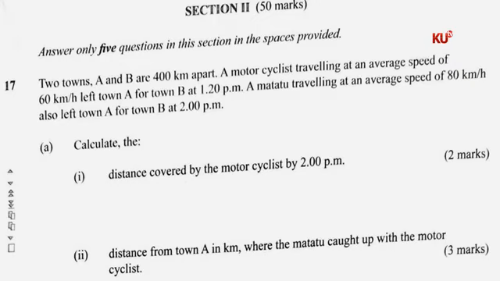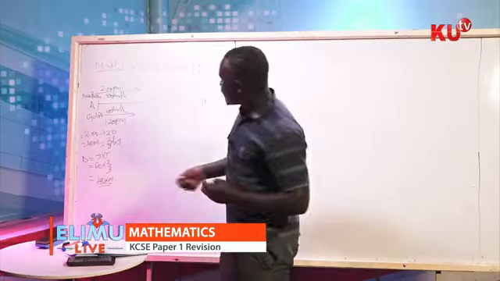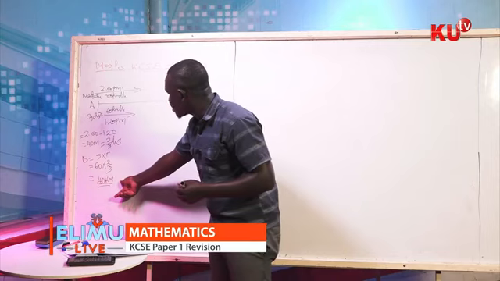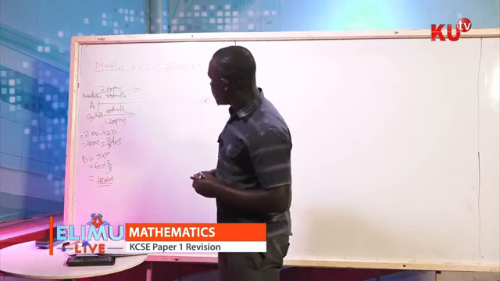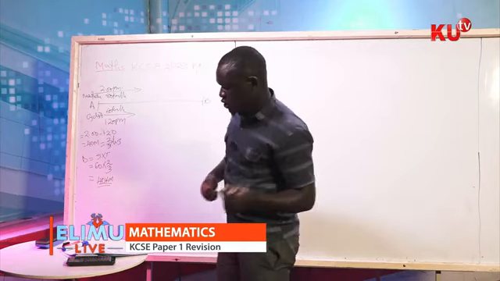Let's check on Roman 2. The distance from town A, in kilometers, where the matatu caught up with the cyclist. Now look, this matatu left at 2 p.m. The distance covered by the cyclist by 2 p.m. was 40 kilometers.